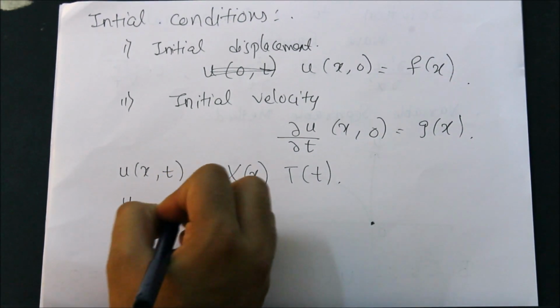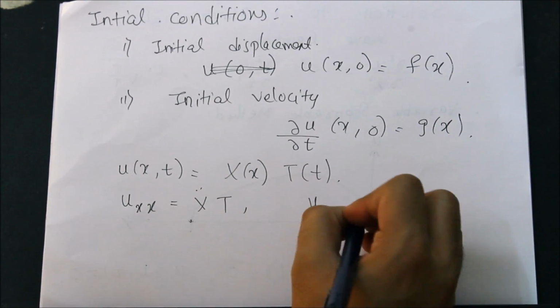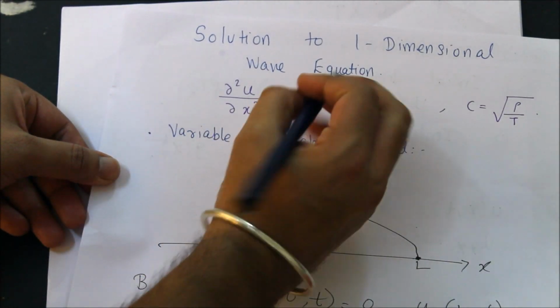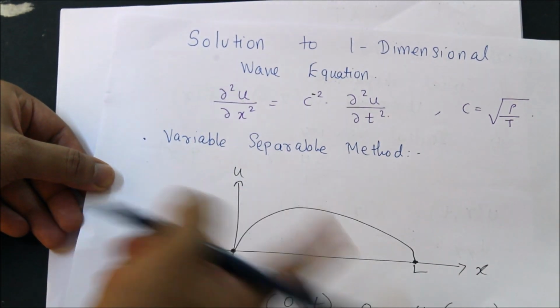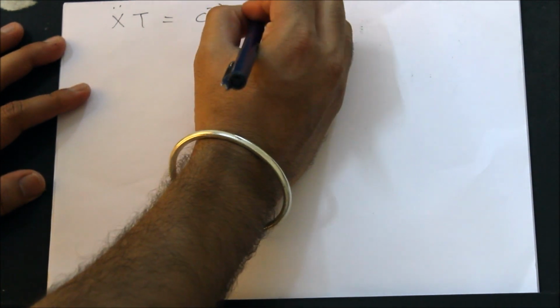My u_xx will be nothing but X double dot into T, and my u_tt will be nothing but X into T double dot. So when we put them in our wave equation, which is del squared u by del x squared equal to c to the power minus 2 into del squared u by del t squared, what do I get? X double dot into T equals c to the power minus 2 X T double dot.